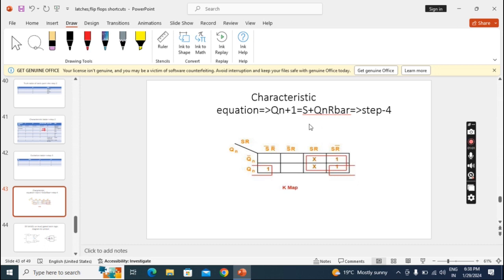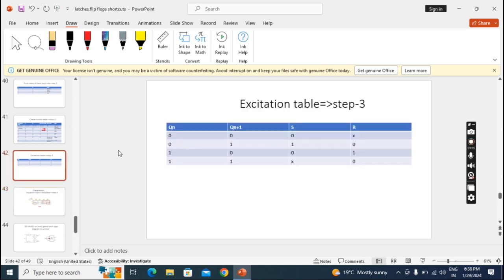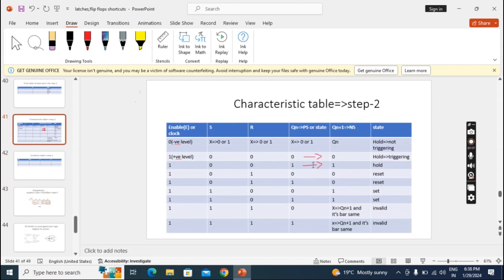Okay. So what's the benefit of this one? I can determine the Qn plus 1 value by substituting the S value, Qn value and R value in this equation, right? That's the benefit. So here, whatever is happening, this value is going to this side, from left to right.